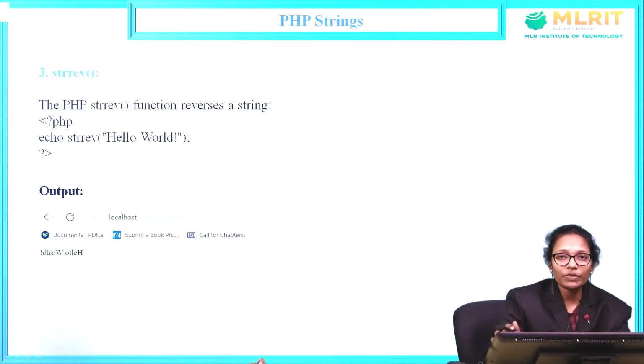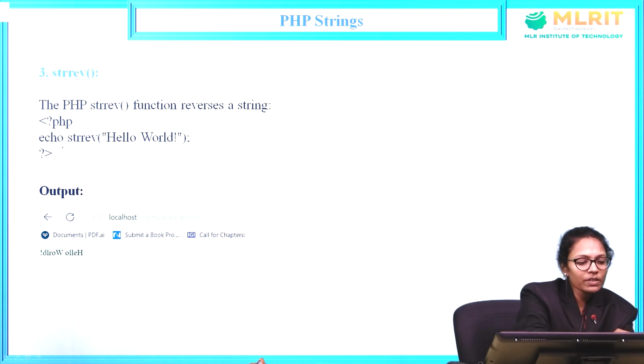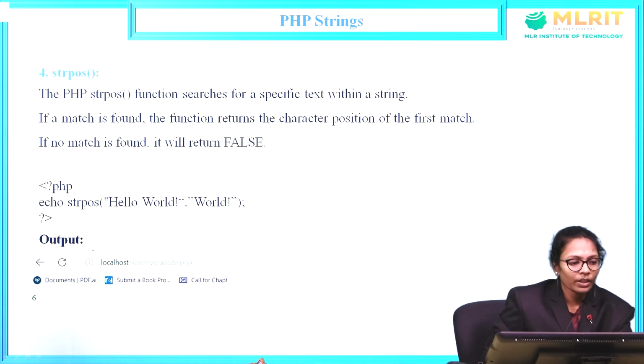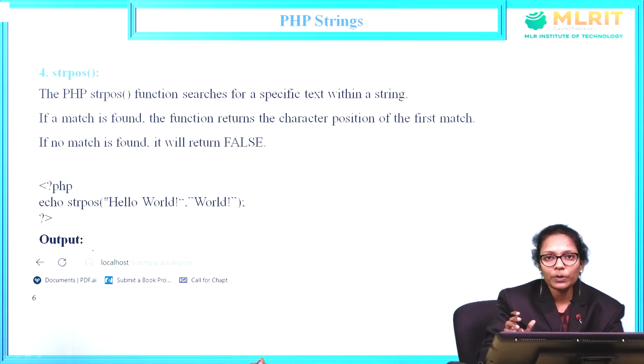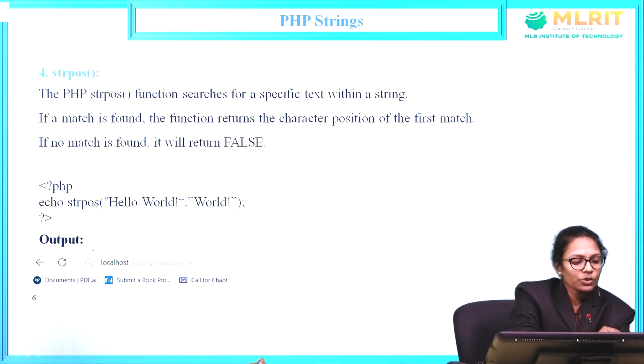Coming to the third function, strrev. The name itself tells us that it will find the reverse of a string. The strrev function will take a string and generate the reverse of that string. And strpos: if you want to find a particular word's position in the main string, you can use this function. strpos will take 2 parameters.